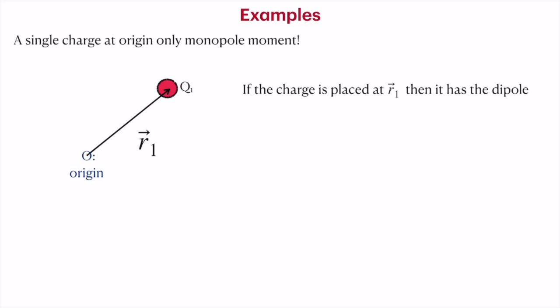When we have a charge displaced with respect to the origin at some point r1, then we begin to see the multipole moments. In this case, the dipole moment of a single charge kept at r1 is given by q times r, and the individual components are given here.